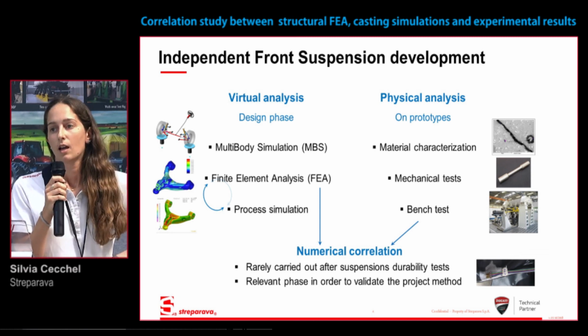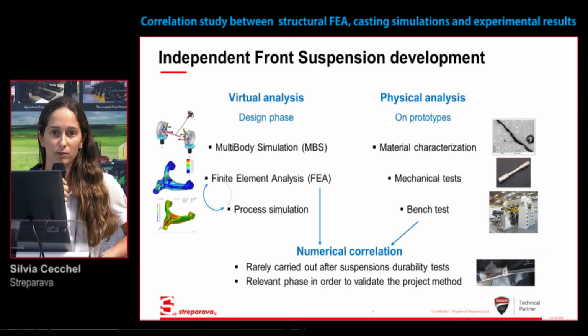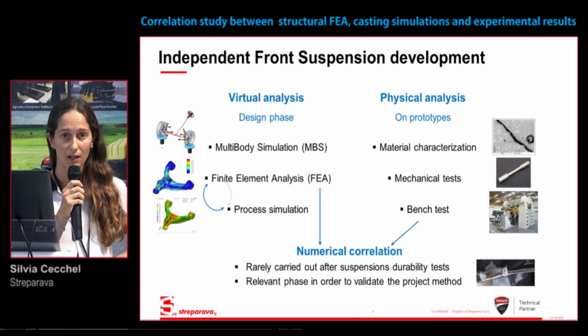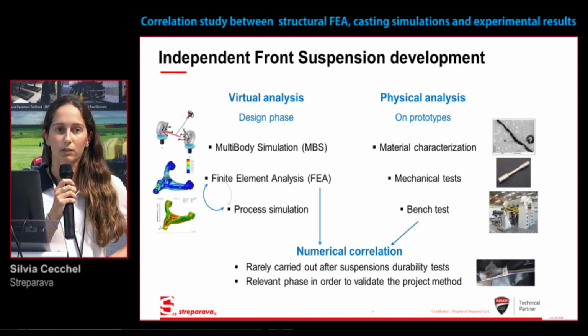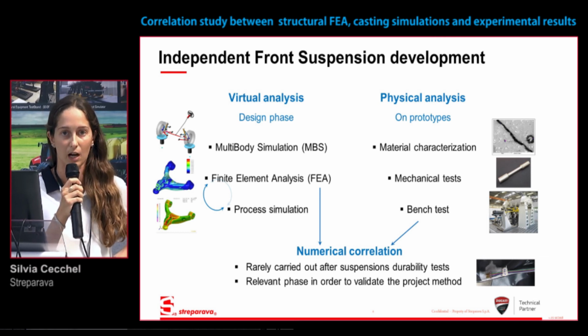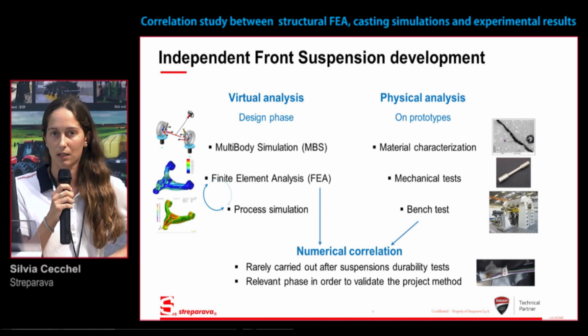Once defined this optimal design, we can proceed with the production of the prototypes. And we can make some physical analysis on them, starting from a characterization of the materials, depending on the specific component and the specific application. Could be, for example, microstructural analysis, hardness, and so on.